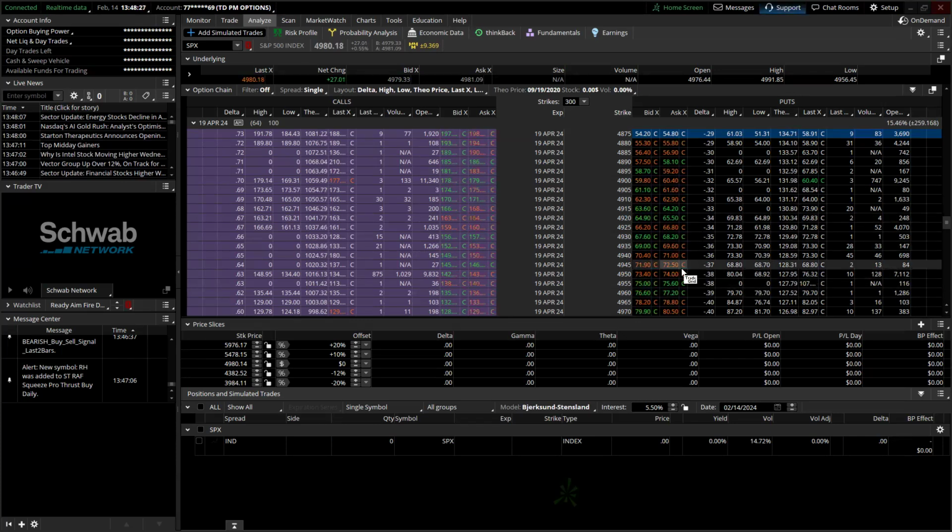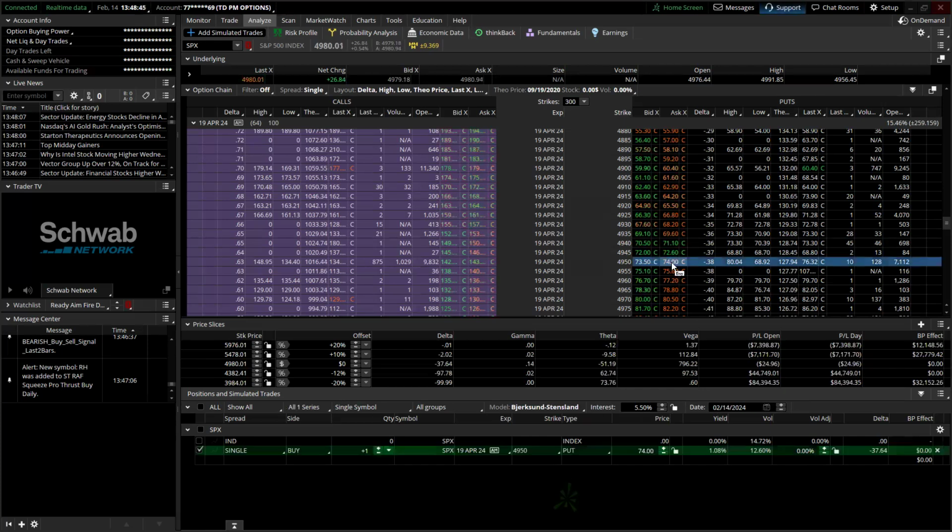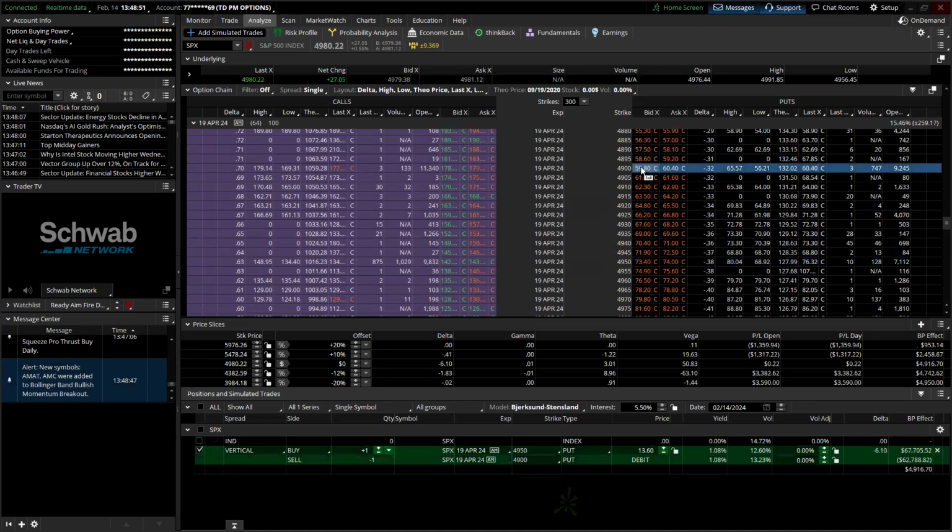So let's take a look at, for example, a typical 112 that I would set up, right? I would look for a 50-point wide put debit spread. So let's do 49.50. I'll buy a 49.50. I would sell a 4,900 put.